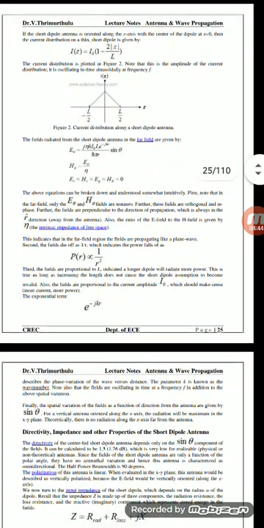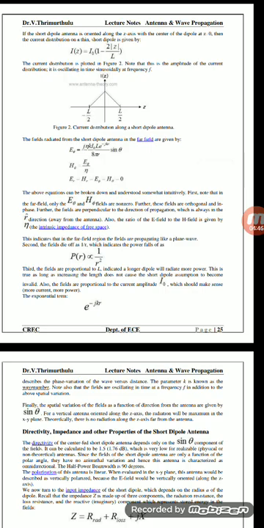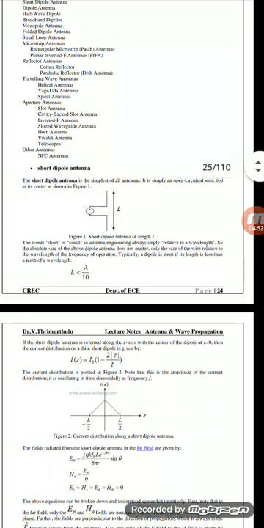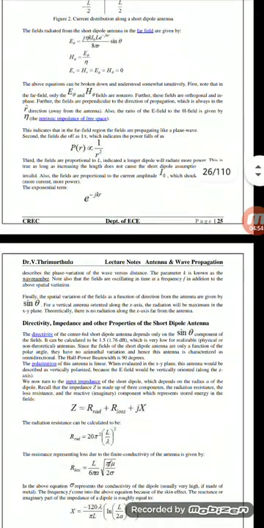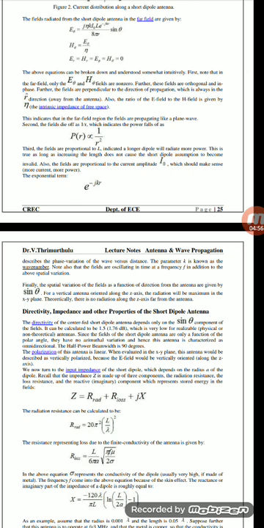Next, the phase variations are distributed with the parameter sin theta at the same time. Short dipole antennas have directivity, impedance, and other properties. The directivity of the center fed short dipole antenna depends only on sin theta, which appears in the components of the fields.